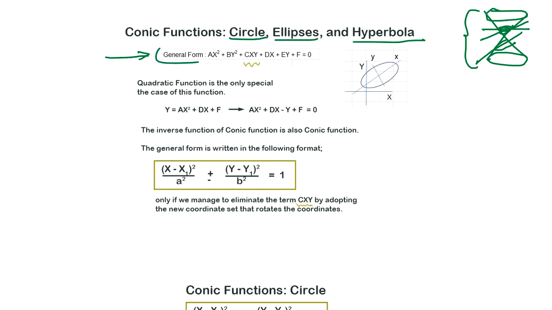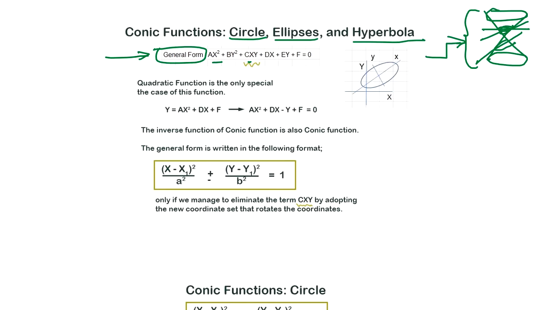This is the general form: ax squared plus by squared plus cxy plus dx plus ey plus f equals 0. So this represents all the different shapes, depending on the coefficients a, b, c, d, e, f.